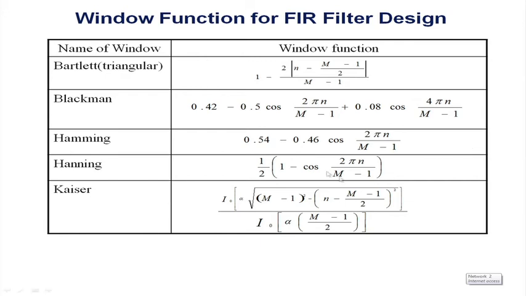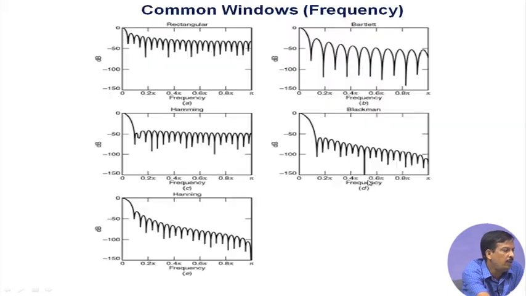Every one has a window function that is multiplied with the input signal and then convolved with the filter transfer function to get the output. So, this is the frequency response of the common windows. For the rectangular window, if you see, the ripple is much more.